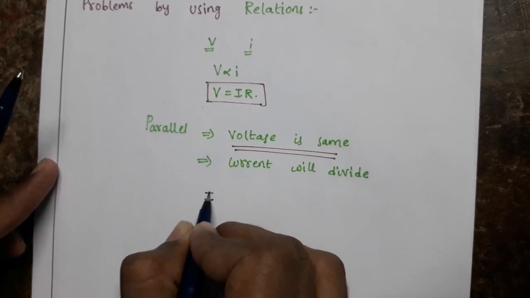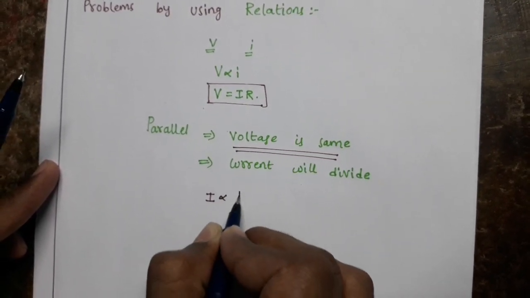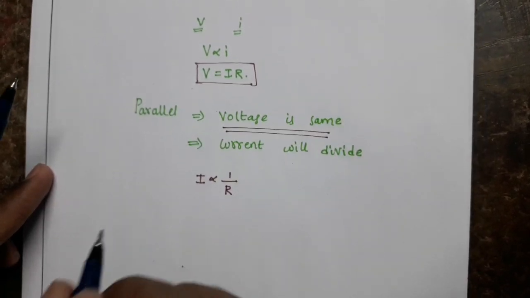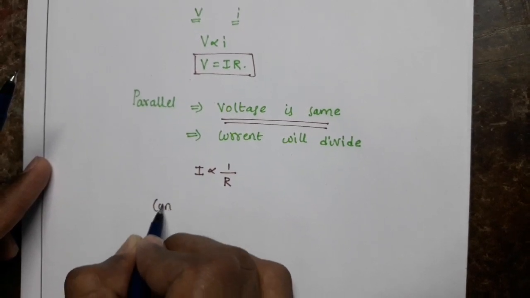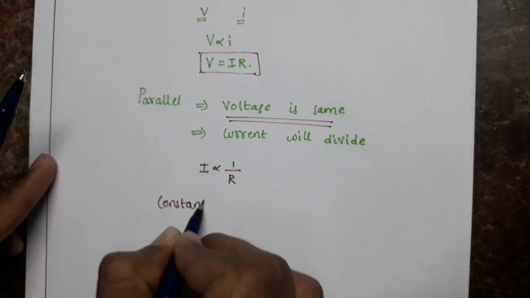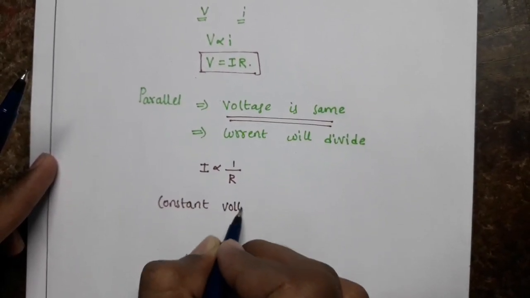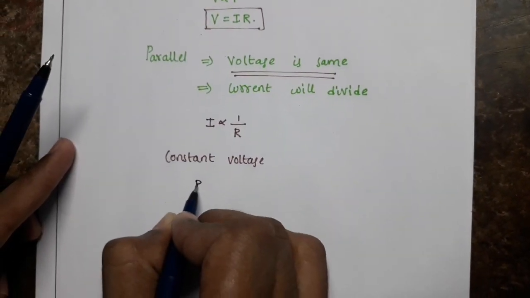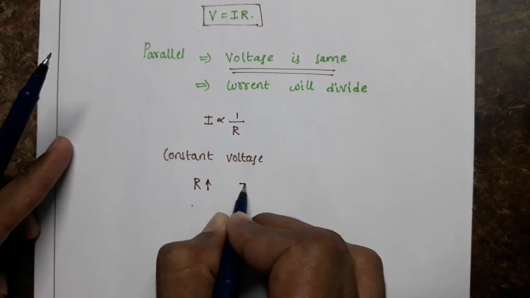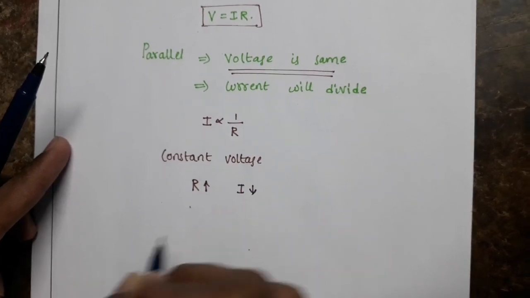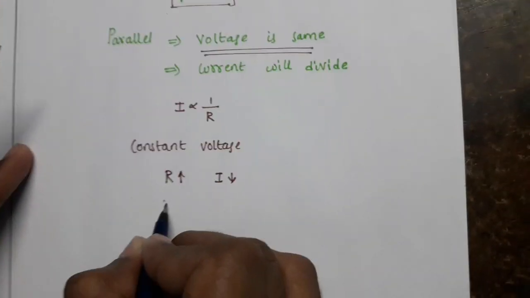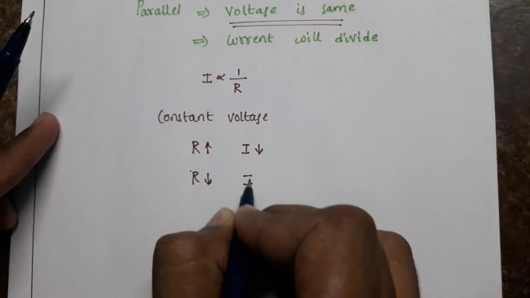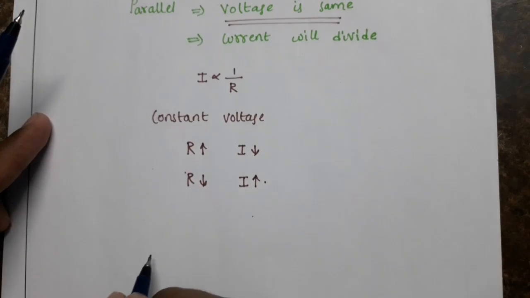So by that we will get I is inversely proportional to resistance. This means for a constant voltage, if we apply more resistance, current will decrease. If we apply less resistance, the current will increase.